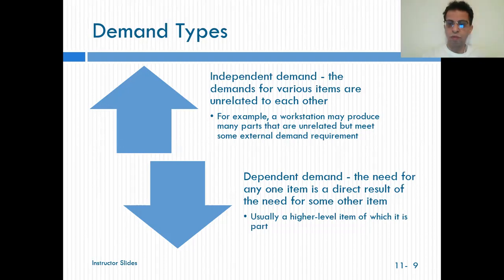Dependent demand is when the need for any one item is a direct result of the need for some other item. So you need tires for the car. This is dependent demand, usually from a higher-level item of which it is a part.